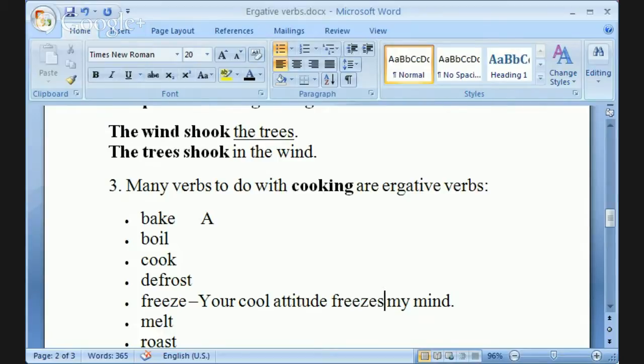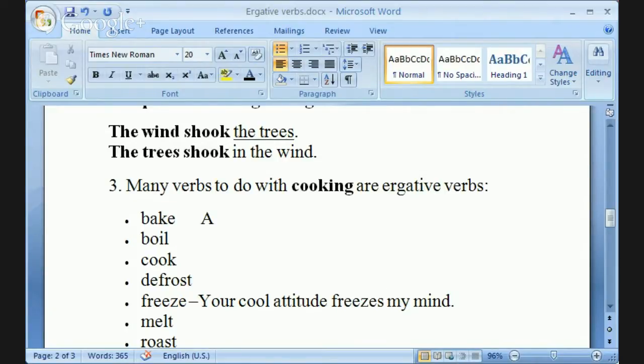I put the fish in my freezer 2 hours ago, so the fish is freezing now. The fish is freezing, or the fish is frozen. Freeze, froze, frozen. But the fish is frozen, that would be an adjective. Yeah, that's right.